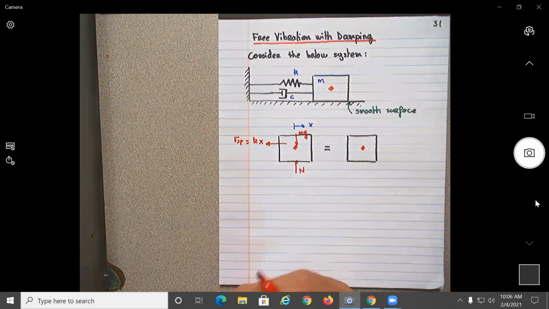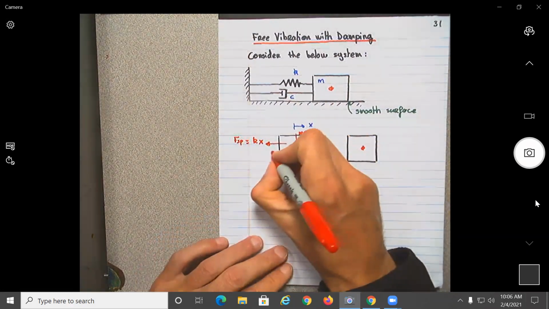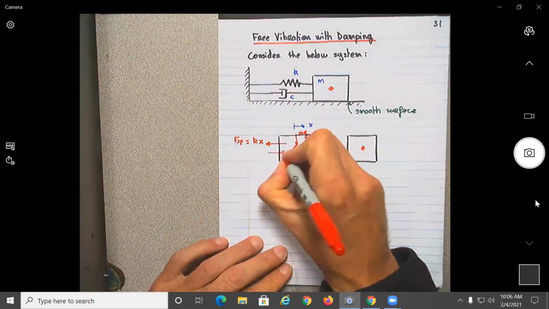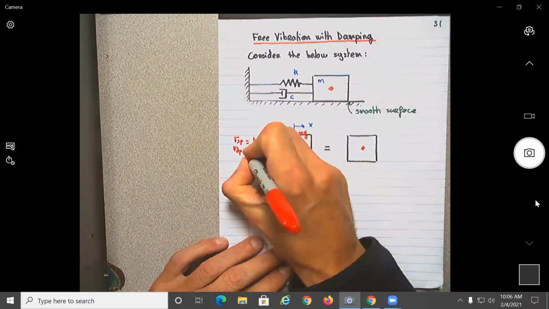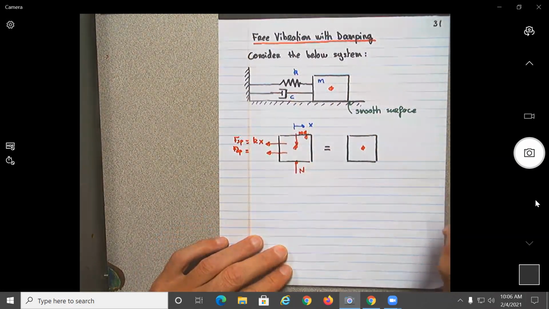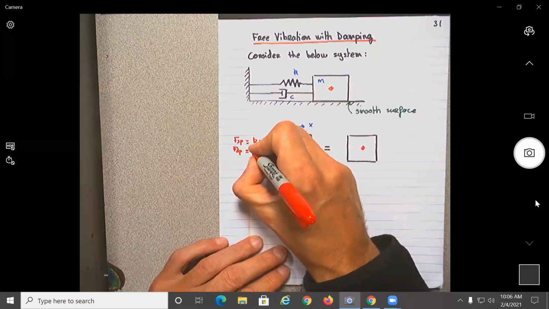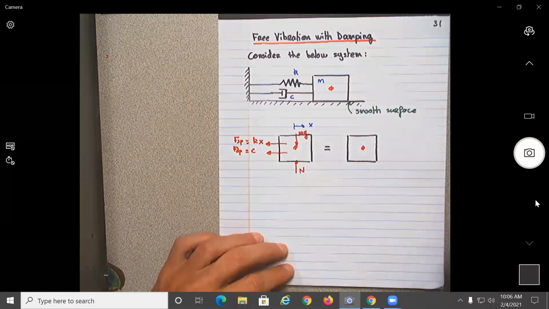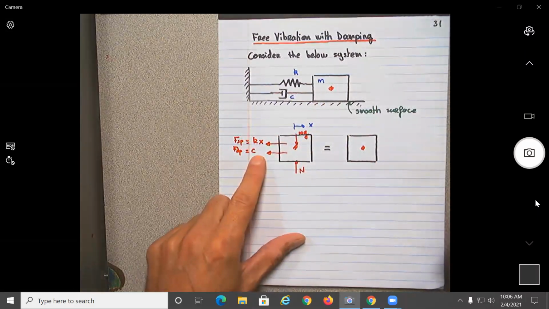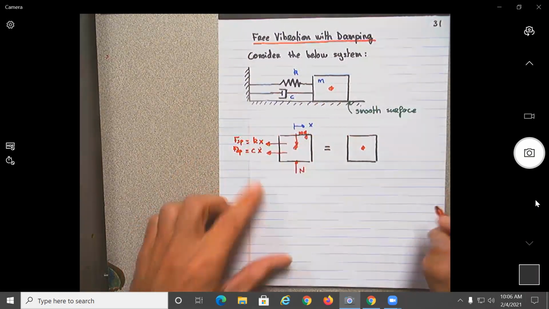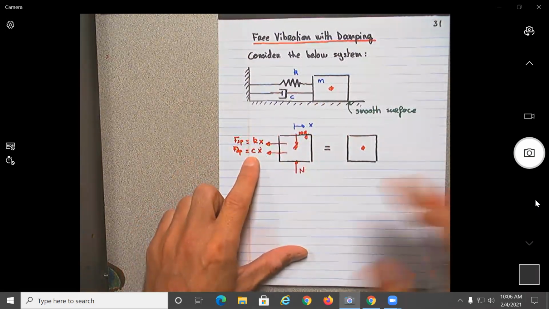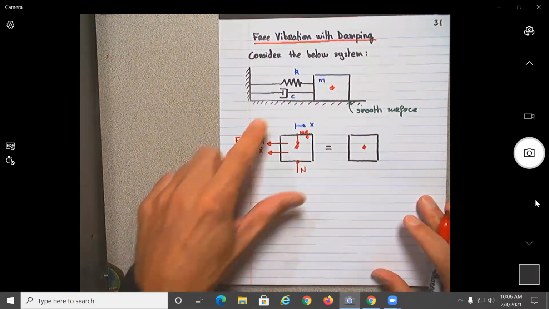Now, if this is a viscous damper, we say that the force of the damper is a constant c, proportional to the velocity. The velocity can be written as x dot, and this is always the case. The value of c might take different values, but it's always the case for viscous damping.